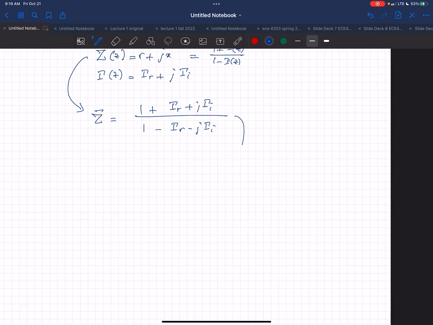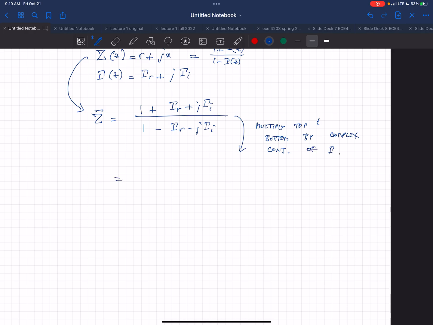And then I'm going to just multiply top and bottom by the complex conjugate of gamma.